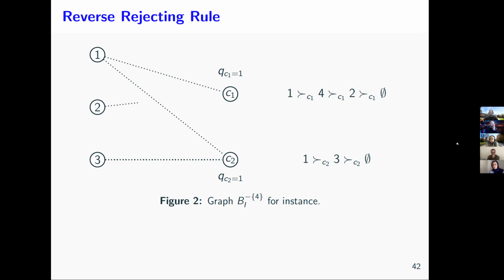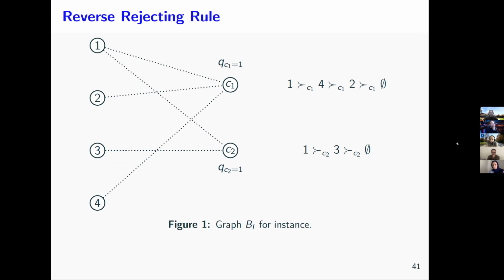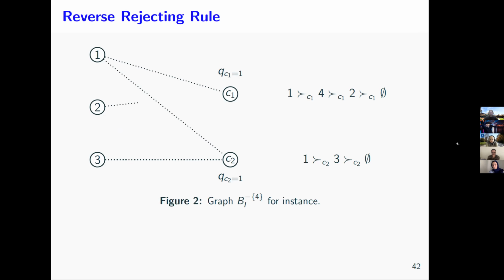At this point, we check whether a maximum size matching of this graph can still be computed while we have removed from consideration agent 4. Since we know that the maximum size of this matching is 2, we can still find a maximum size matching of size 2. So we have successfully removed agent 4 from consideration. The next candidate for removal is agent 3, because agent 3 comes after agent 4 when we go in the reverse ordering.